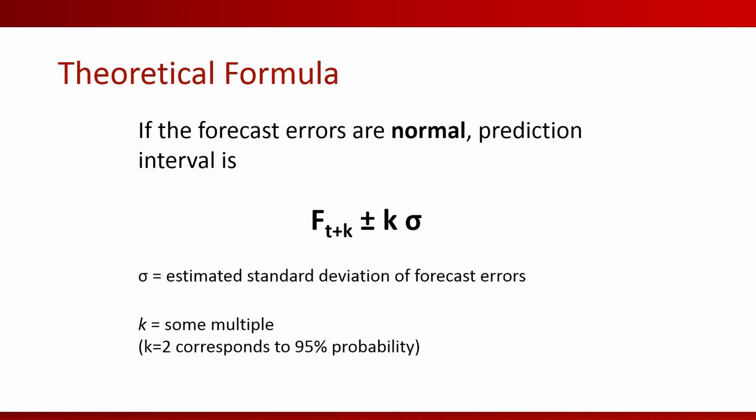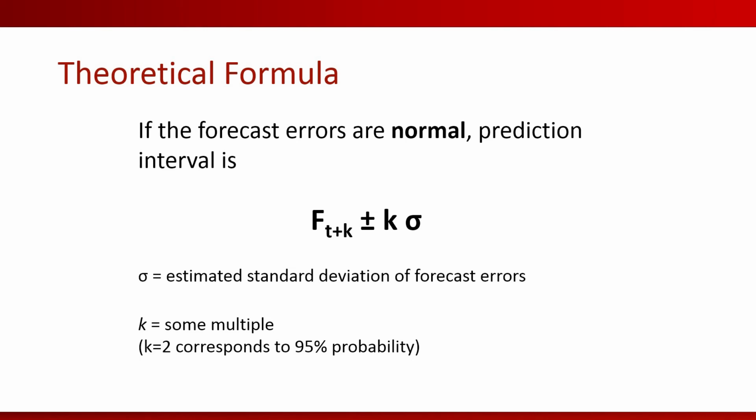There's a theoretical formula which can be used in some cases, but as we'll see soon, it's a little challenging to use it. The idea here is based on the normal distribution. And if we can assume that our forecast errors follow a normal bell curve distribution, then we can use a very simple formula that says, take your point forecast, estimate the standard deviation, and then just add one or two standard deviations around it. That's a typical confidence interval.